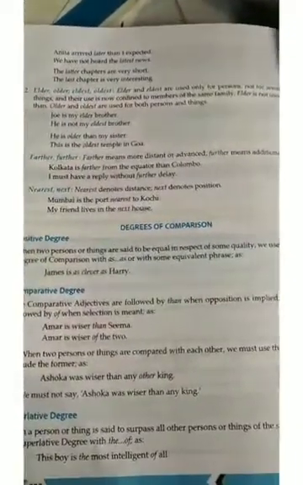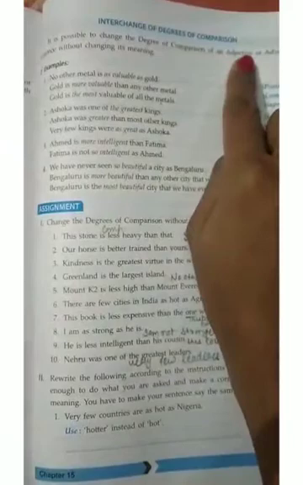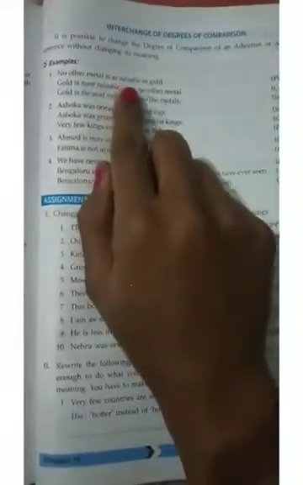Okay? This is part 2 of your chapter 15. In this part, we are going to discuss interchange of degrees of comparison. How the comparison changes. Like no other metal is as valuable as gold. So this is positive.